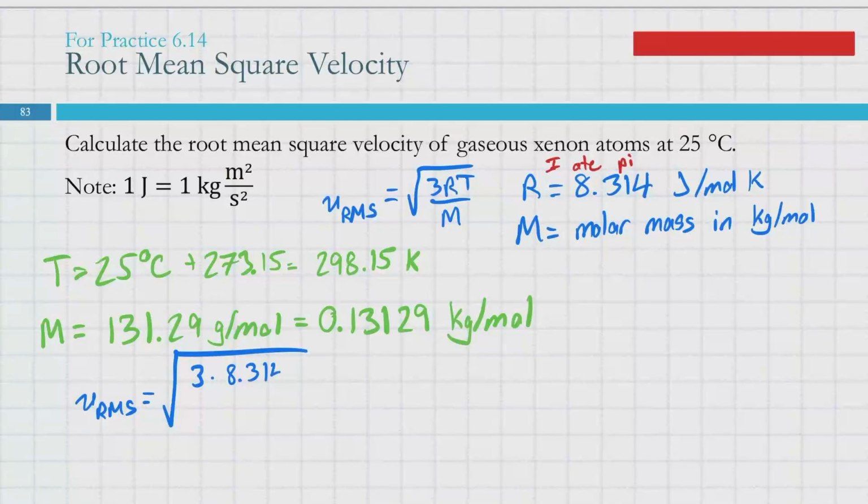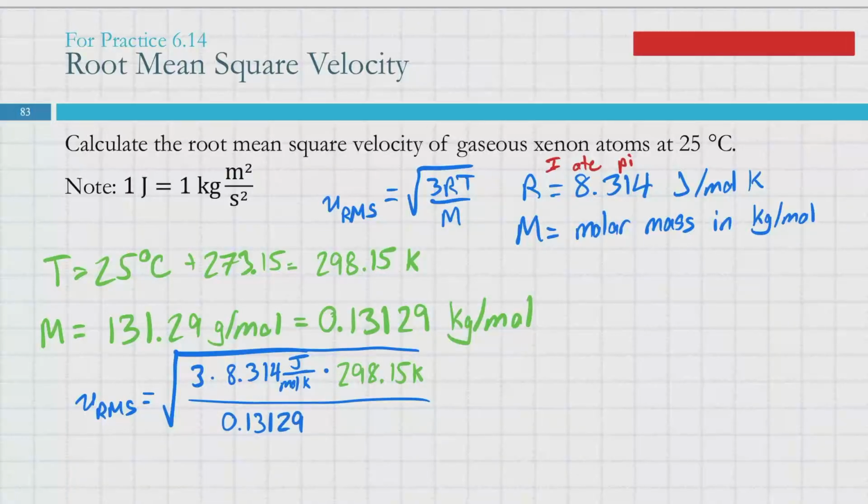And then 8.314 with units of joules per mole Kelvin, times our temperature, 298.15 Kelvin. And then our molar mass is 0.13129 kilograms per mole.